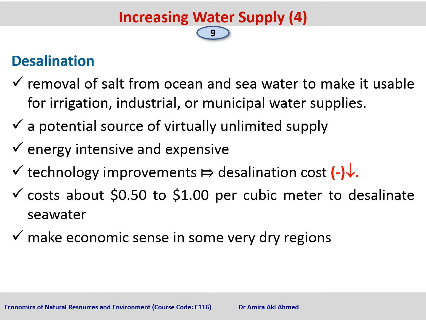Nonetheless, it is more expensive compared with obtaining water supplies from surface water or groundwater. Desalination is likely to make economic sense in some very dry regions. However, it is unlikely to supply a significant amount of the planet's water in the future.